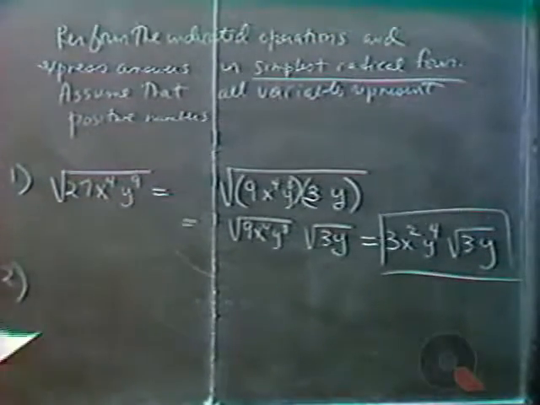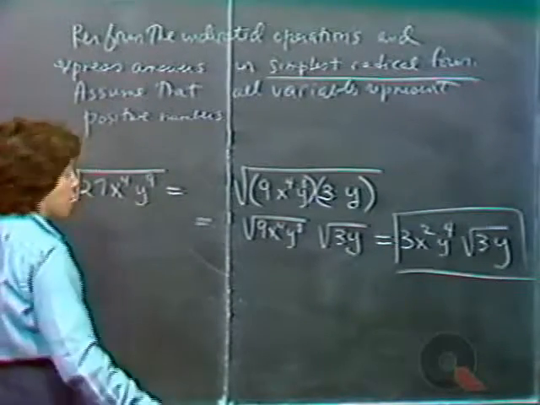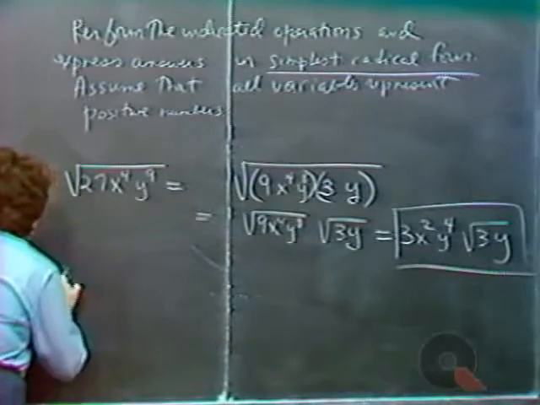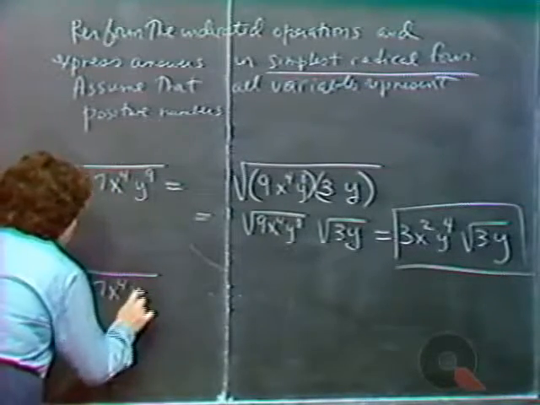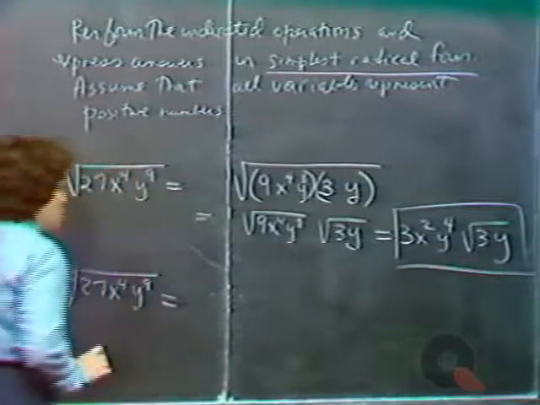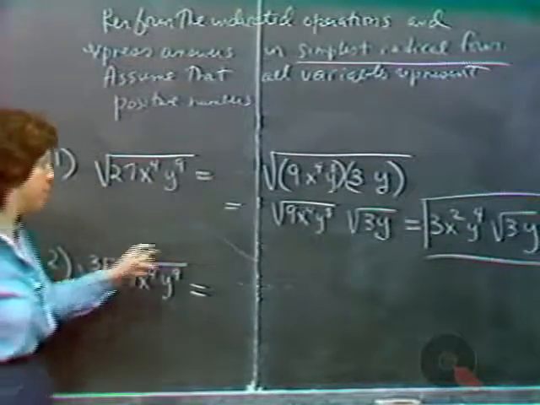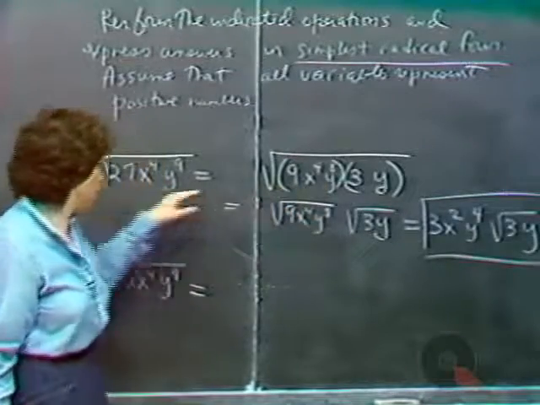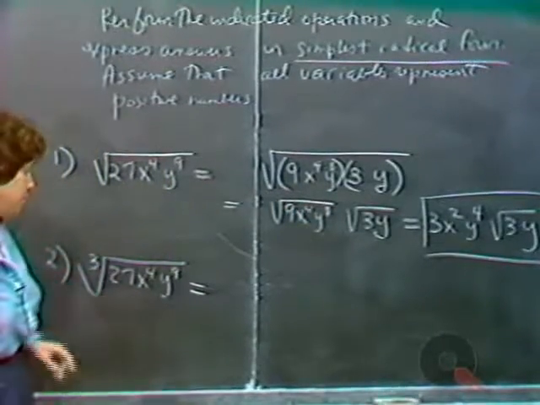Now, what if the problem had been, instead of the square root of 27x to the 4th y to the 9th, the cube root of 27x to the 4th y to the 9th? Our goal is still simplest radical form. However, now instead of looking for perfect square factors, we are looking for perfect cube factors.